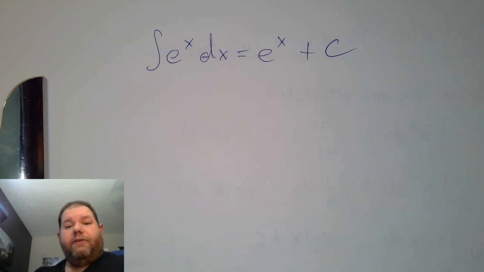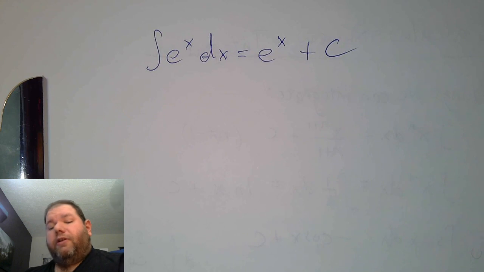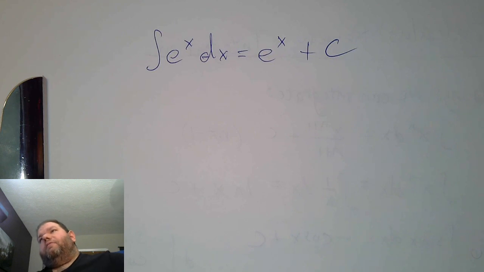The only other thing that applies to is 0, because technically the derivative of 0 is 0. But that's not as interesting because e to the x is a function that moves, whereas 0 doesn't do anything. So yeah, we know the integral of e to the x is e to the x plus c.